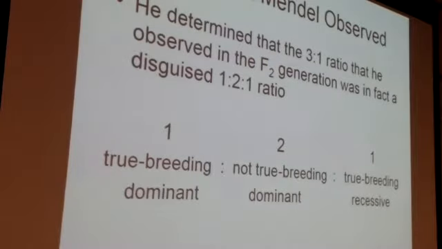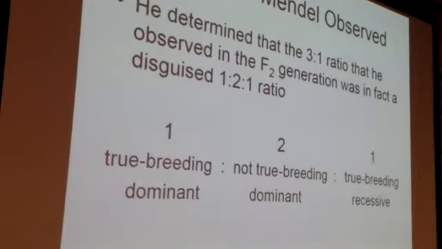Or 3/4 to 1/4, right? 75% purple, 25% white. The genotypic ratio, that's when you do look at the letters. We have 1 that's homozygous dominant, 2 that are heterozygous, and 1 that's homozygous recessive. So 1 homozygous dominant to 2 heterozygous to 1 homozygous recessive.